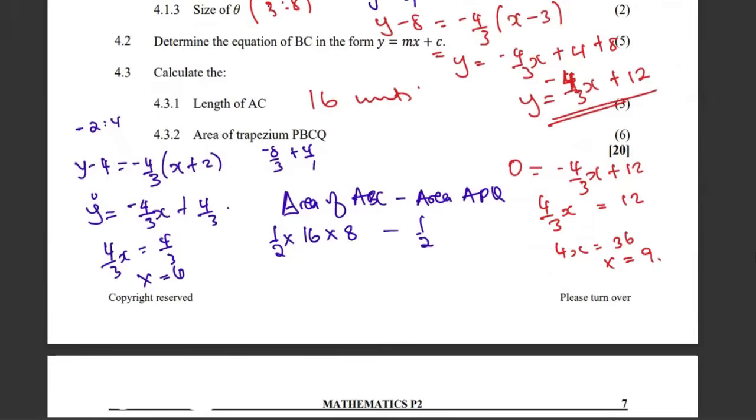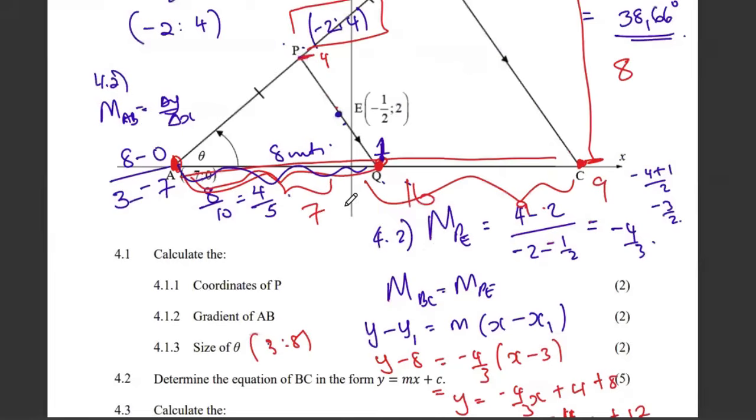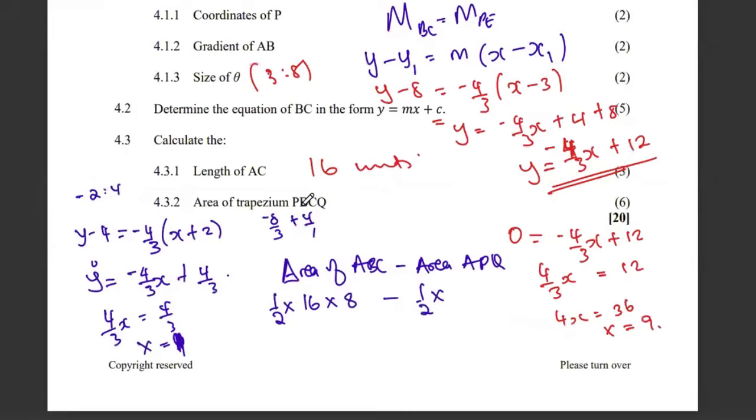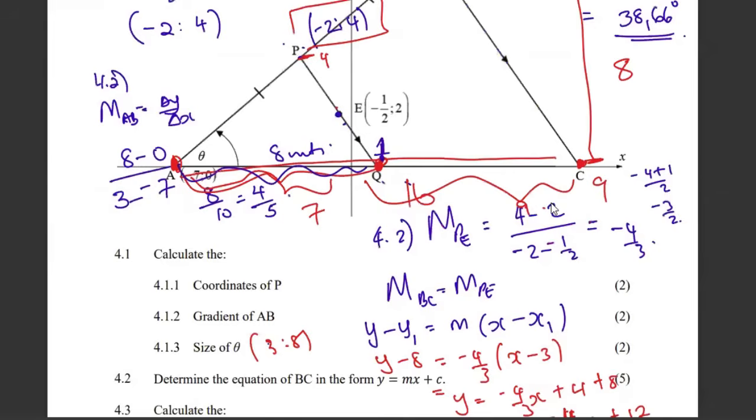This is a half. The base, remember we said x is 1. Okay, the base is what? The base is 8 units. And the height is going to be this 4 here, 4 units, the perpendicular height.